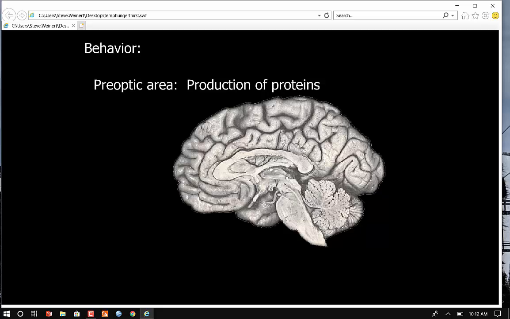It's really kind of interesting, but the idea of a set point, I'm going to write this up here, this is the key for understanding. Your hypothalamus doesn't work in absolutes, it's ranges. Especially when we talk about body weight, the proteins that are produced are not an absolute level, it's a relative level.